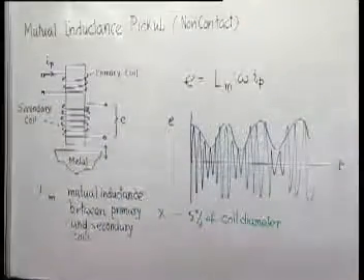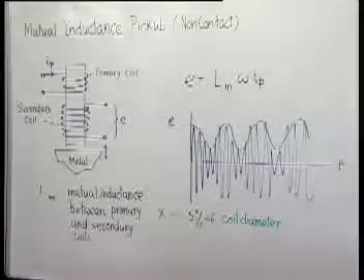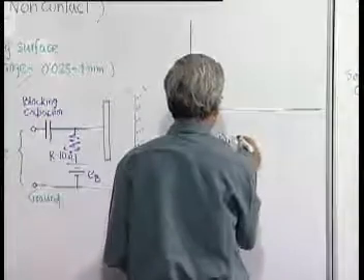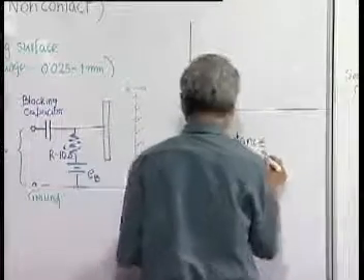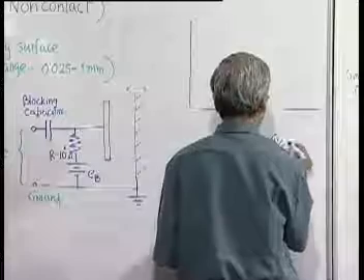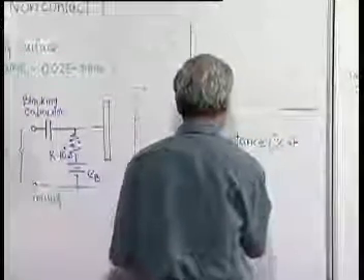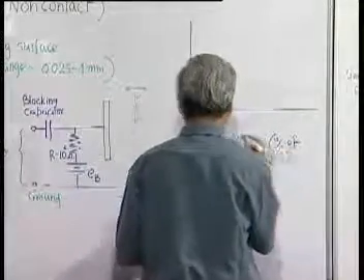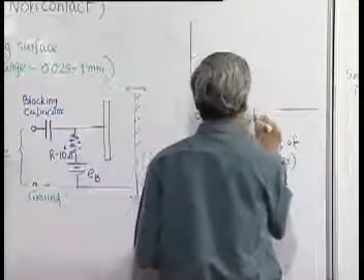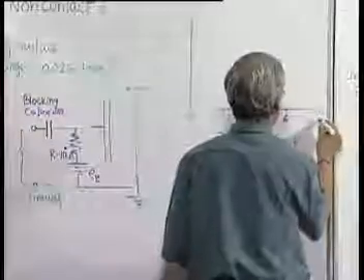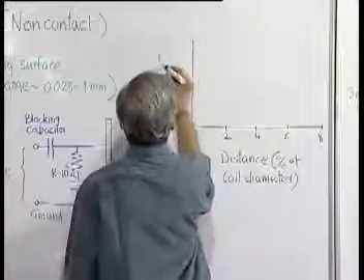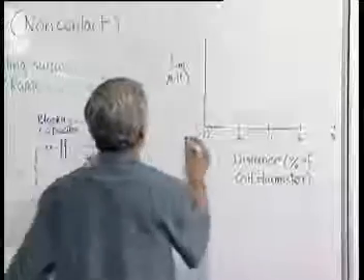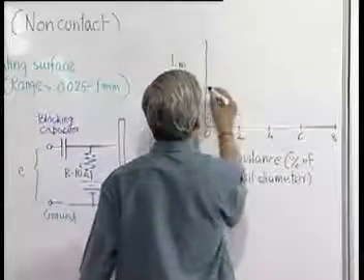we can take a particular case. The distance or gap, in percent of coil diameter, and mutual inductance in microhenry.